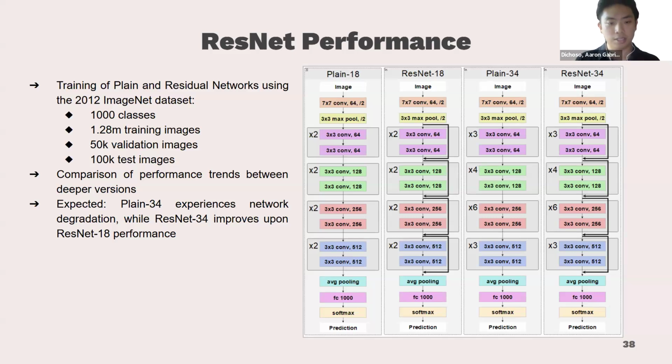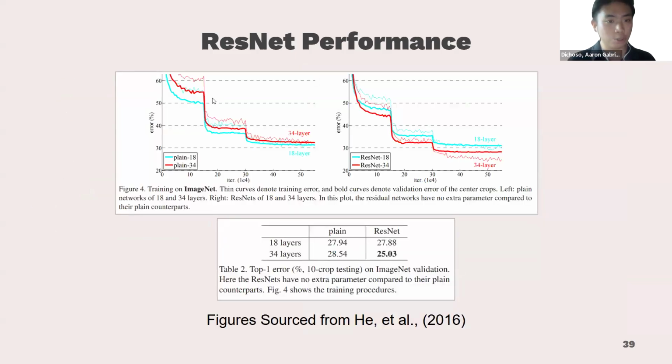effects on training accuracy. So what they want to show here is when you compare ResNet 18 to ResNet 34, ResNet 34 should have less errors than ResNet 18. And when you compare plain 18 to plain 34, plain 34 should have more errors than plain 18. Parang ganon. And that was what they saw actually here. So this is adopted from the paper.